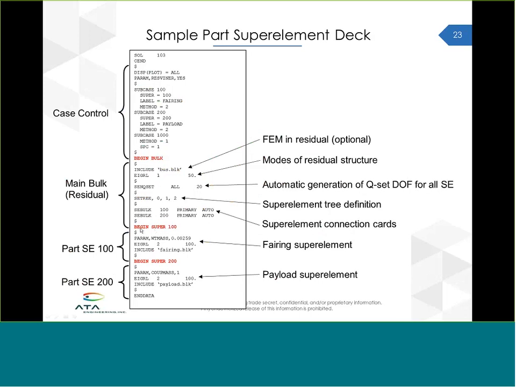So now Nastran knows that everything between the first BEGIN SUPER and the next one is all superelement 100. And in this case, to highlight it, I've added PARAM WTMASS, so I've added something to scale all the mass entries to get them into mass units. Then we have the fairing. And then there's another BEGIN SUPER. And here, again to highlight it, I've said this payload needs to have the non-default coupled mass formulation.